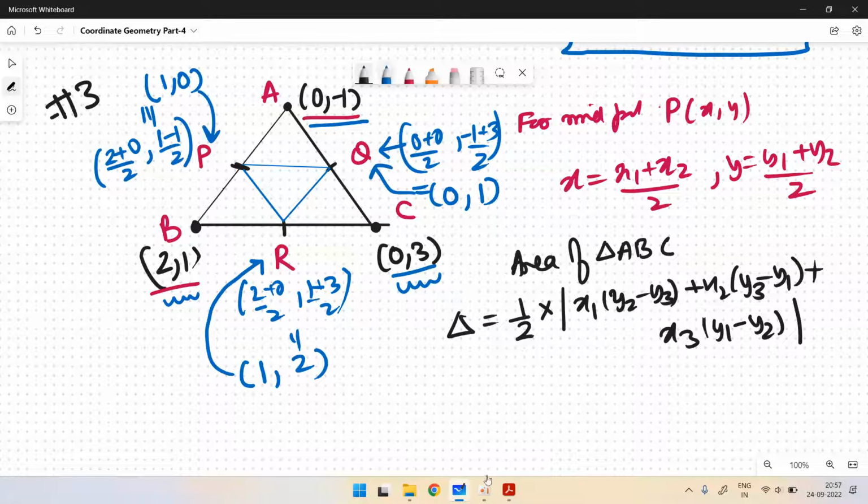So for triangle ABC, the area will be half.